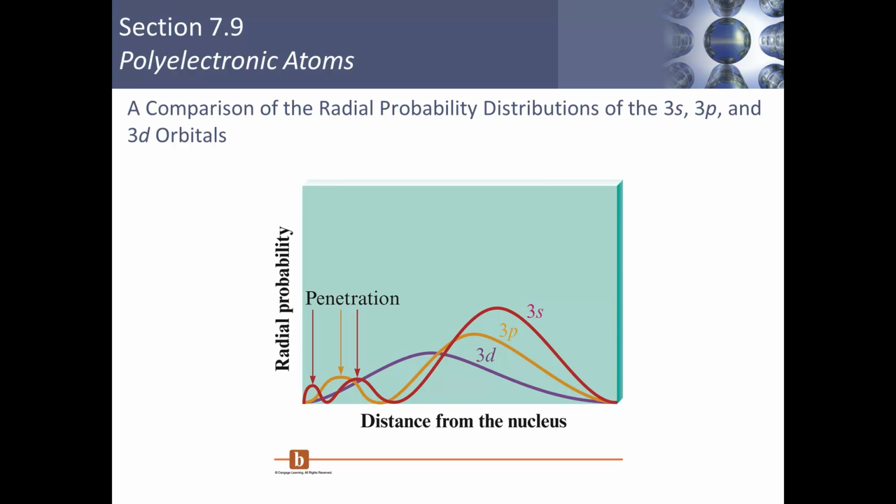The 3p also has this penetration shell, and so the 3s orbital is lower in energy than the 3p orbital, which is lower in energy than the 3d orbital. The more effectively an orbital allows its electrons to penetrate the shielding electrons and be close to the nuclear charge, the lower the energy of that orbital.